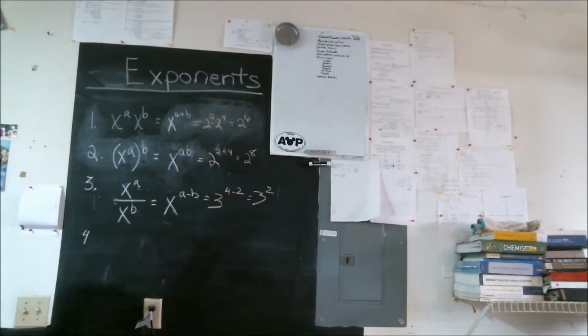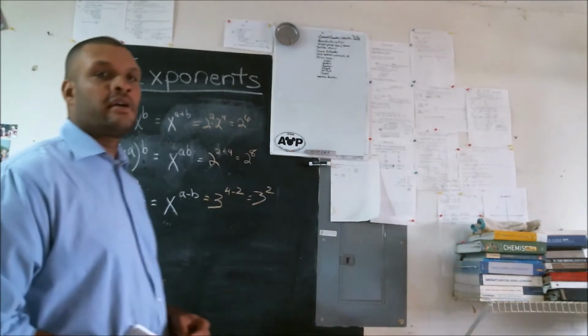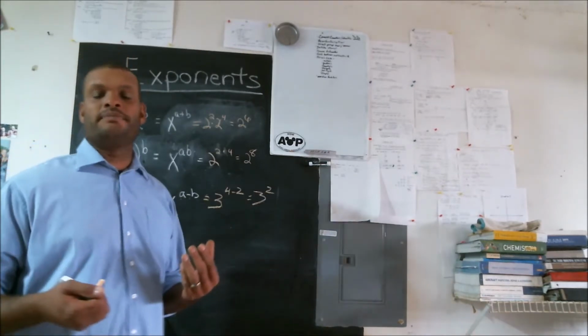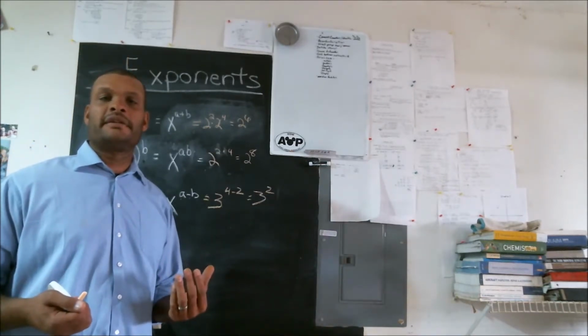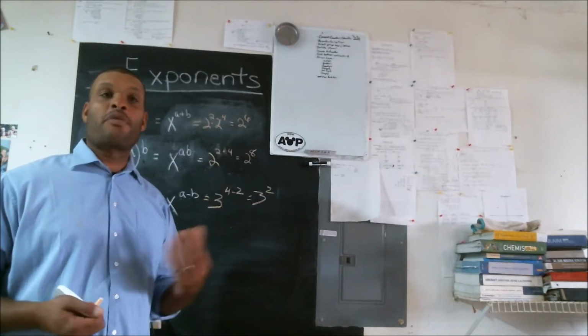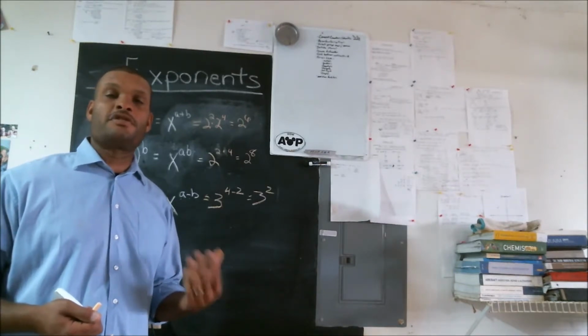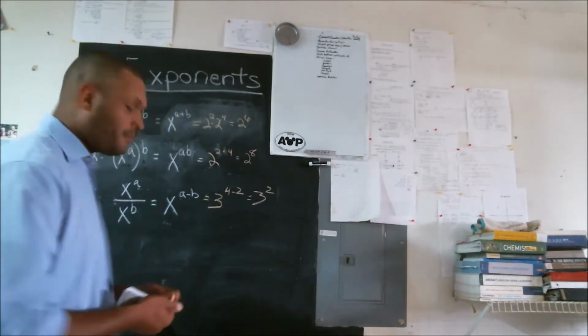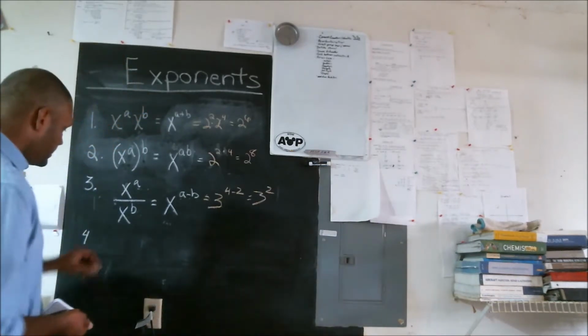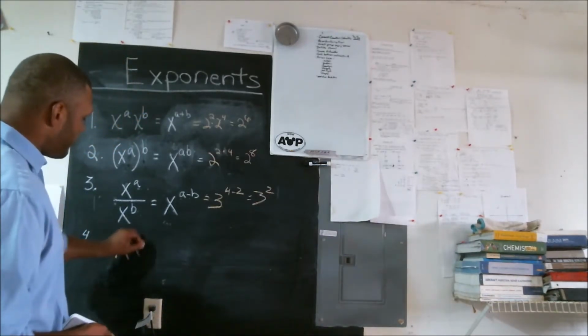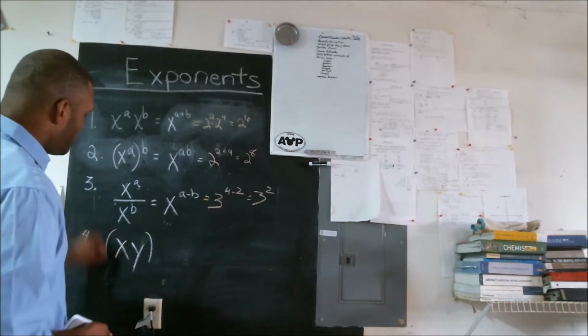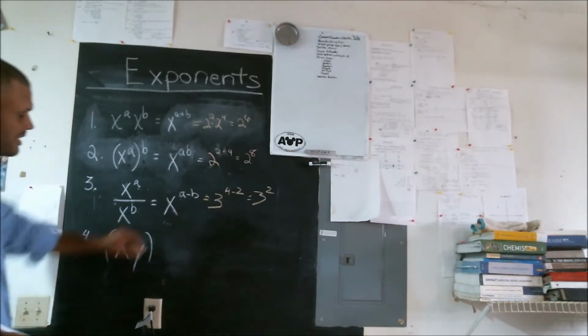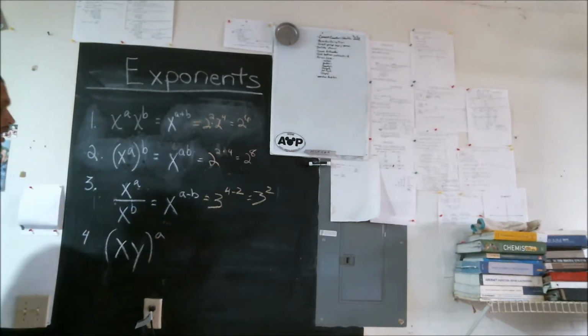The next one we'll do is products of variables to a power. If I have an x and a y variable, I need to know the product of those first, and then we go to the power of a.